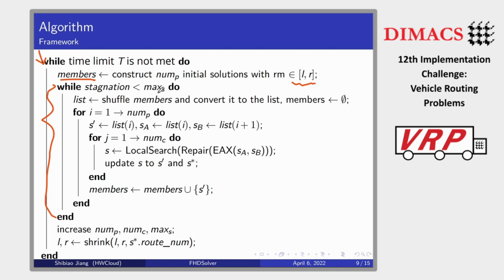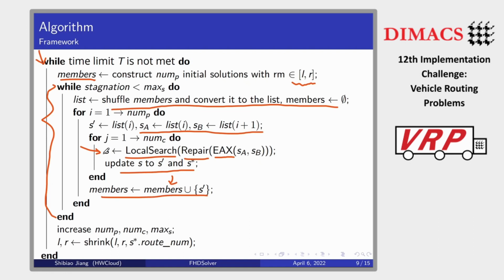And in this loop, we first shuffle the solutions we maintain in the members, and we take two solutions in each step and do some EAX, repair, and local search to find a good solution in the neighborhood. And if this solution can update the best solution, we just update. And finally, we will add this new solution to our members.